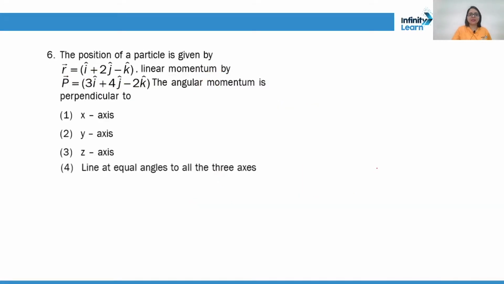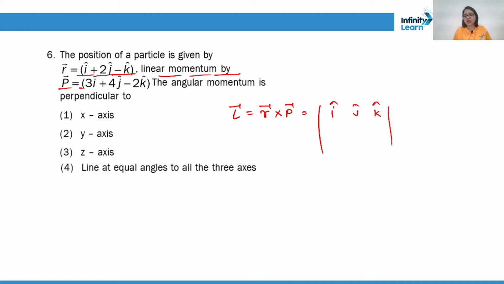Question number 6. The position of a particle is given by r vector equals i cap plus 2j cap minus k cap and linear momentum by p vector as 3i cap plus 4j cap minus 2k cap. The angular momentum is perpendicular to. So L vector is r cross p vector. So it will be i, j, k, with signs positive, negative, positive.